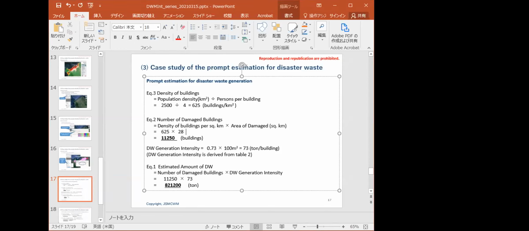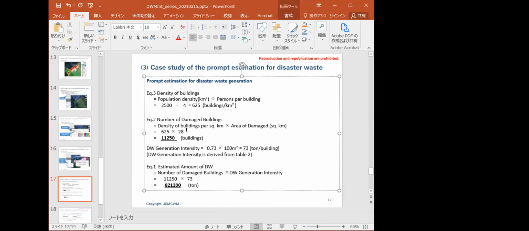Now we can know the affected area in square kilometers by using Google Earth. The number is 28.